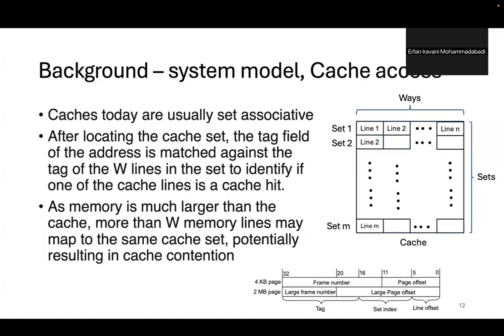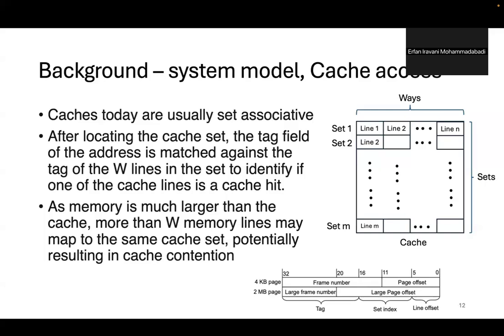Then the tag field of the address is compared against the tags of all the W lines within the set. If there is a match, there's a cache hit and the data is available in the cache and can be quickly accessed. Otherwise, this is a cache miss and the data must be fetched from a lower cache level or maybe from the main memory.